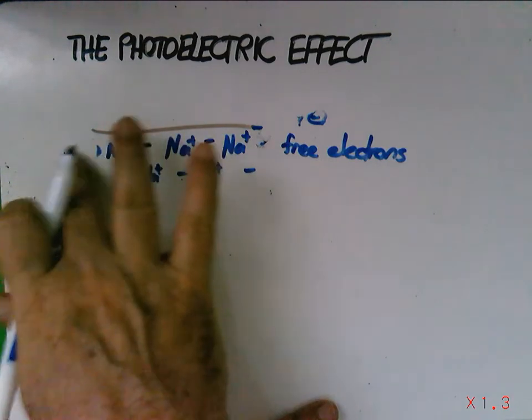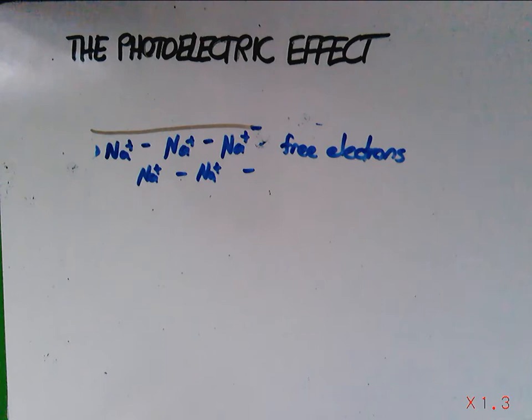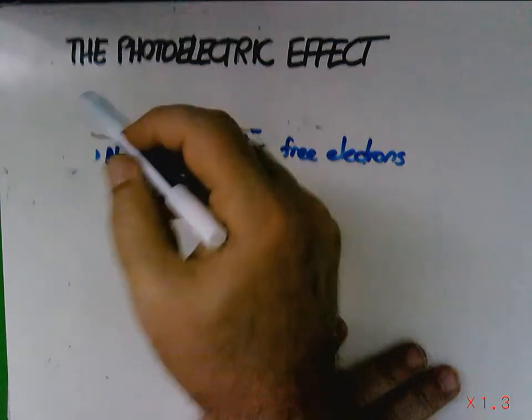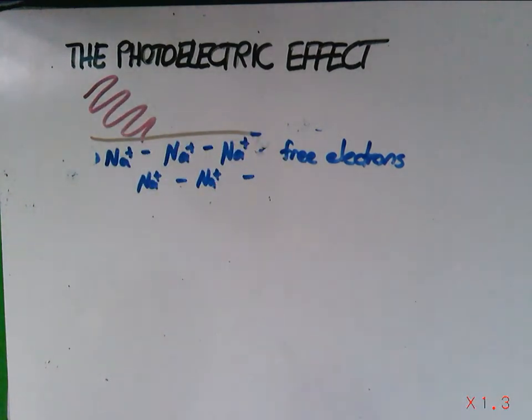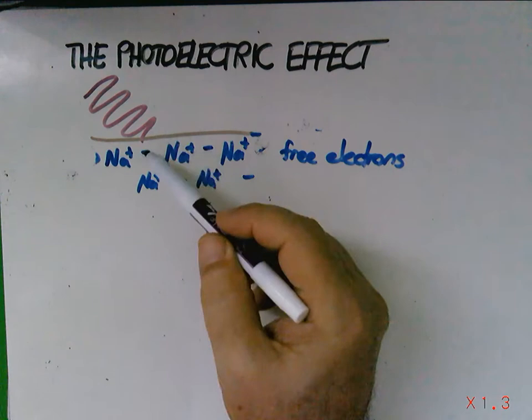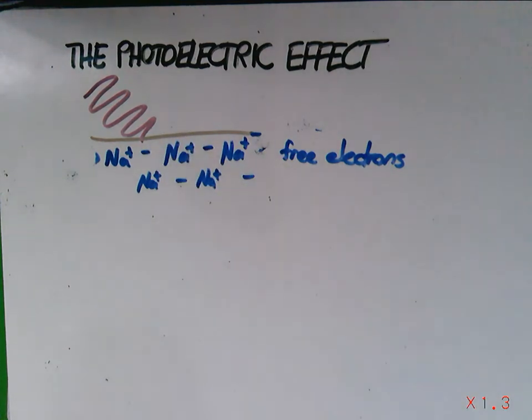These free electrons are quite easy to pry out like that. And one of the things that you can do is send an electromagnetic wave in. An ultraviolet wave will work particularly well. And this will cause the electron to start to oscillate enough to shake it out of the metal.